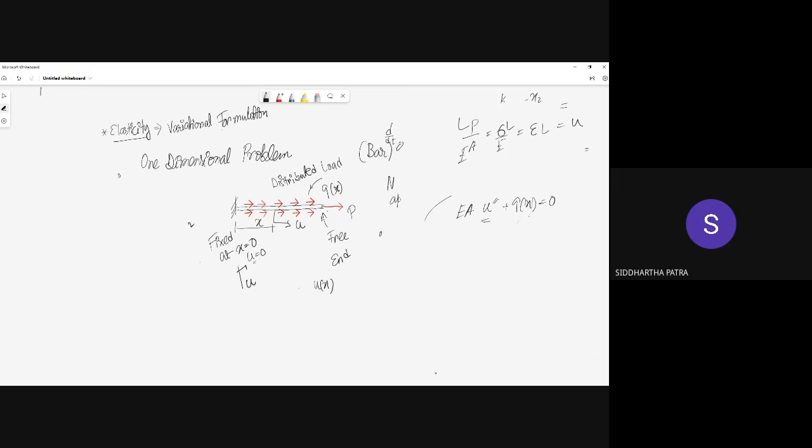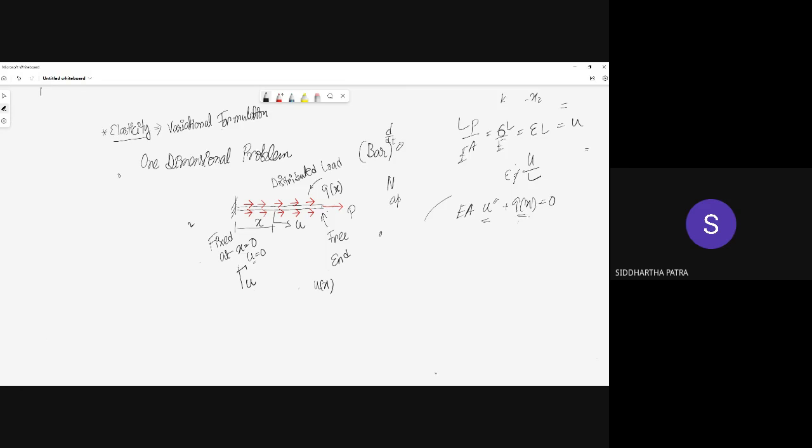The problem is that in undergrad, being mechanical engineers, this is how we learned to define strain, and that is so stupid. Strain is definitely not u divided by L. We never developed the idea that u is obviously changing along its length, but the strain could also be a variable along its length, and that's what happens when this q of x is non-zero.